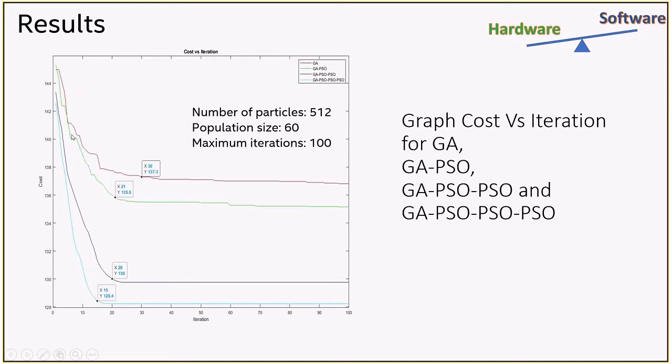I found out that the best combination can be calculated within less time, within a short number of iterations, let's say less than 15 iterations using genetic algorithm, particle swarm, meaning it will reduce the design phase significantly compared to the genetic algorithm if somebody uses it entirely or GA-PSO.